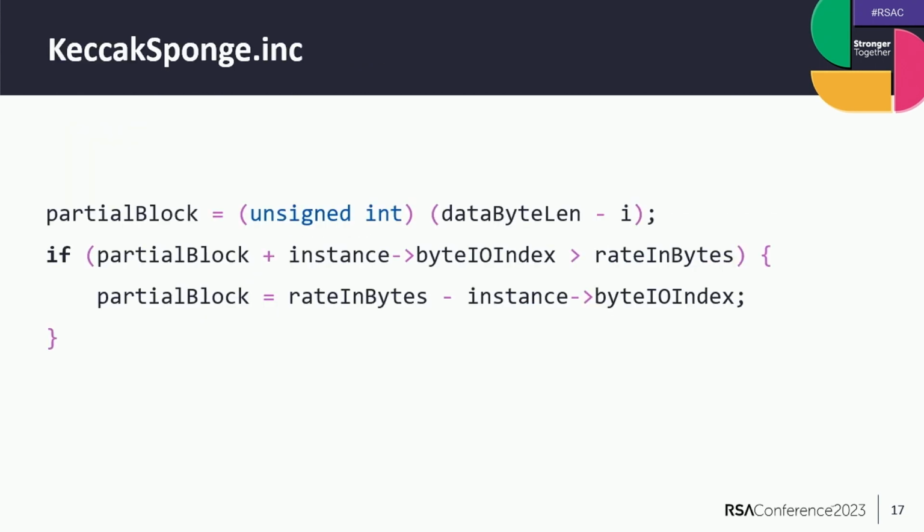So here are the 3 lines of code that are problematic. And what I'd like to ask here is if anybody has an idea of what line is wrong or what the problem is. Any guess?